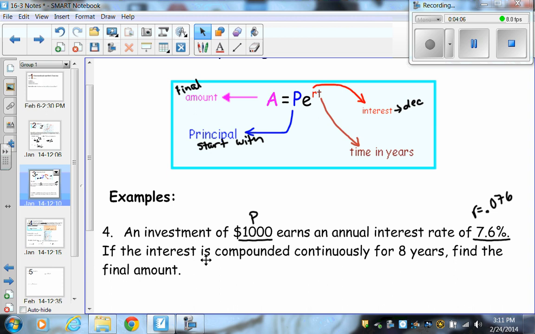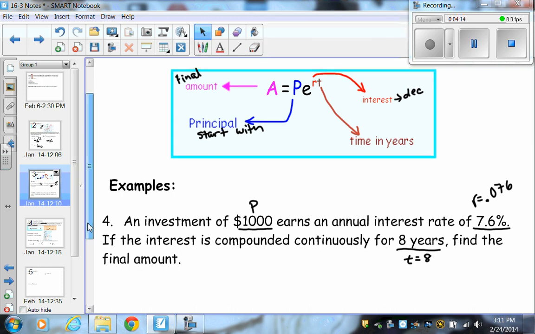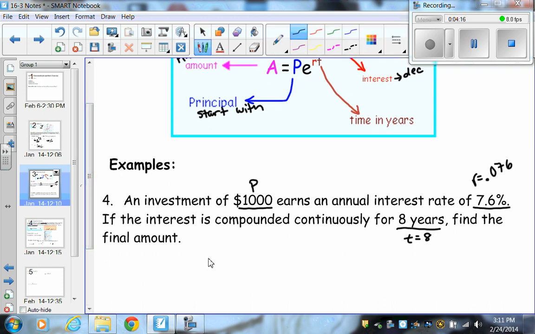If the interest is compounded continuously for 8 years, so 8 years tells me that t is 8. Find the final amount. So my equation would be that A equals P e to the rt. So A equals 1,000 times e to the r, which is 0.076, t, which is 8.